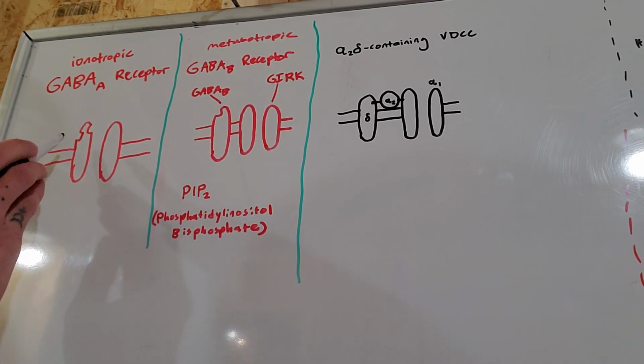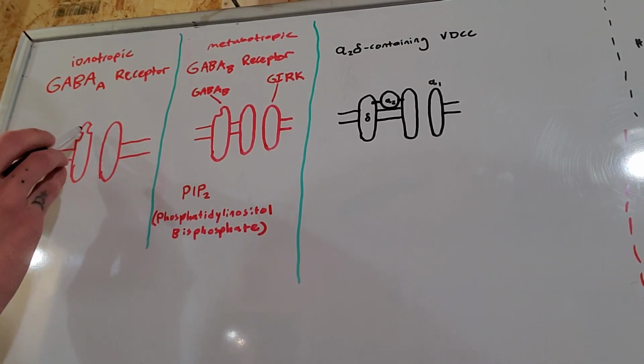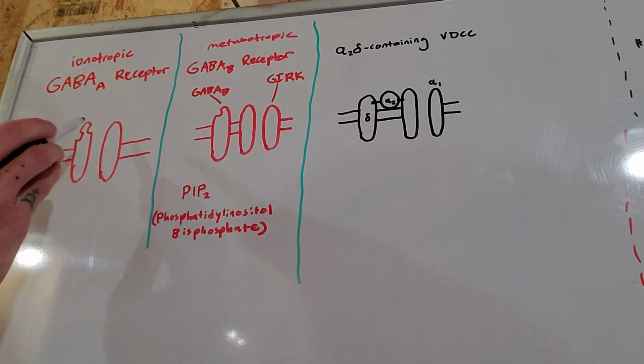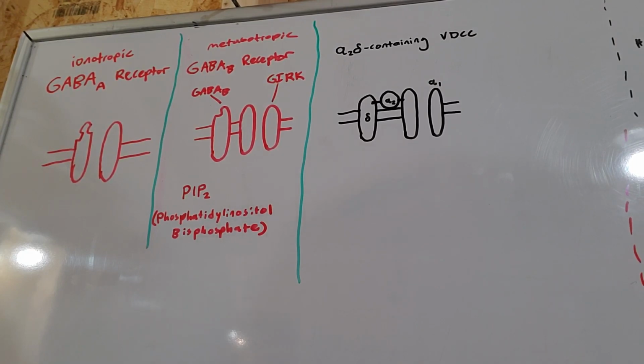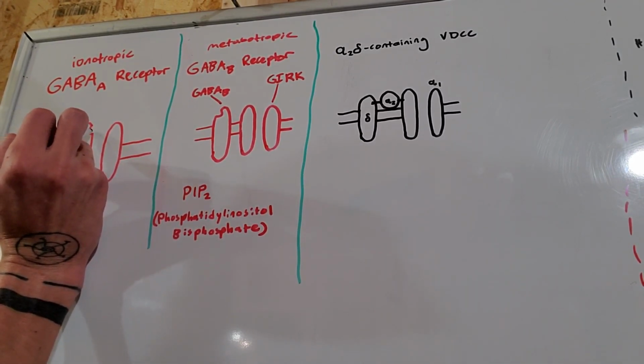Or it changes the geometry of the receptor when it binds so that this binding site is more accessible by the ligand. So it either potentiates the response or stimulus, or it increases the chance that a ligand might bind to that site.